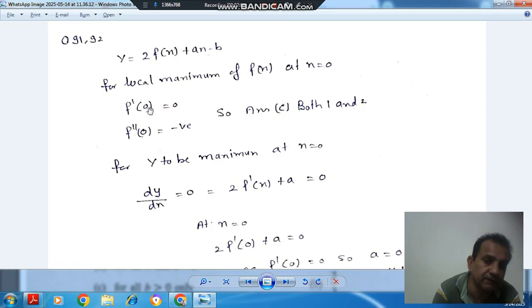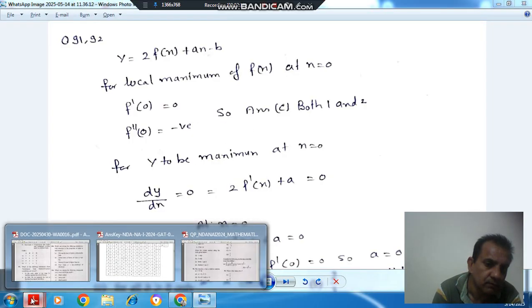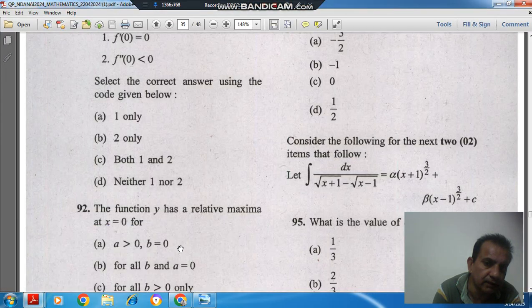For this to represent maxima, f double dash at 0 should be negative. When it is negative, it is maxima. When it is positive, it is minimum. So the answer is C. Both 1 and 2 are correct. Both conditions should be satisfied.